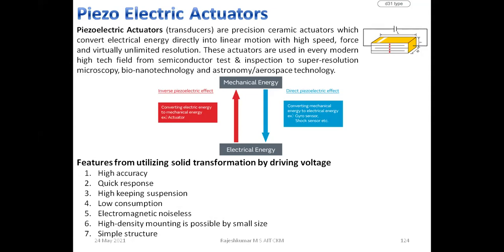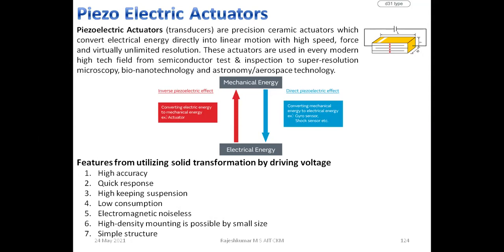The response time is very fast because, as you can see, in a fraction of a second, in milliseconds or nanoseconds, the voltage we apply vibrates the material. That vibration is suddenly absorbed by the device. That's why there is a quick response.